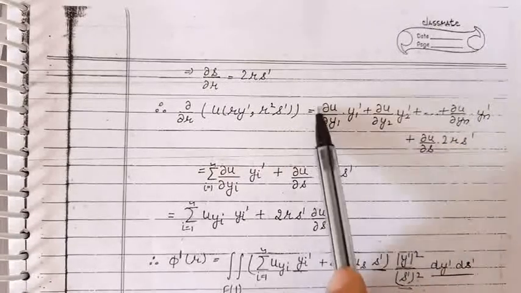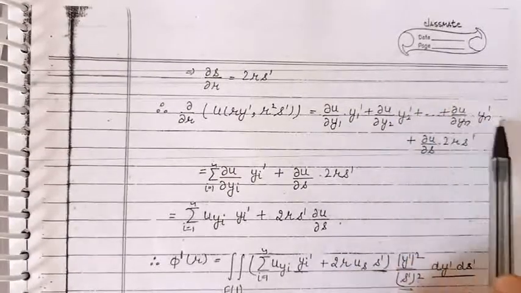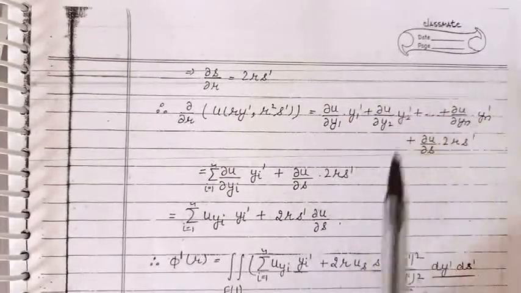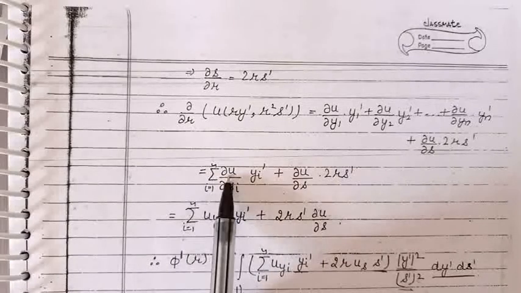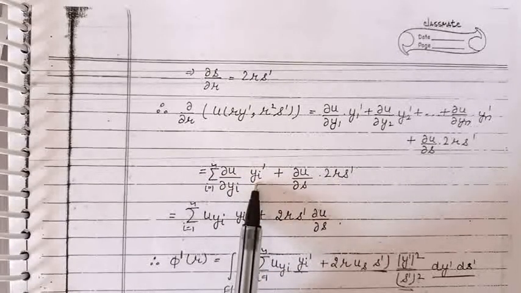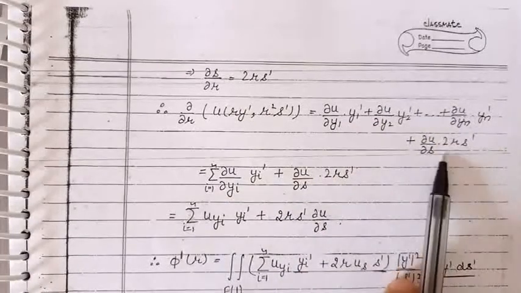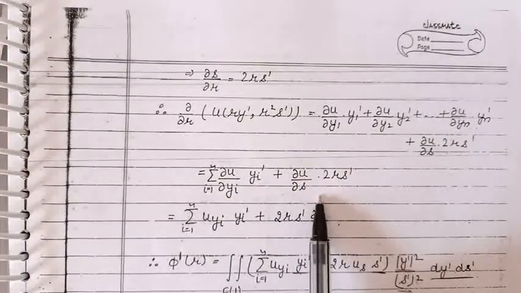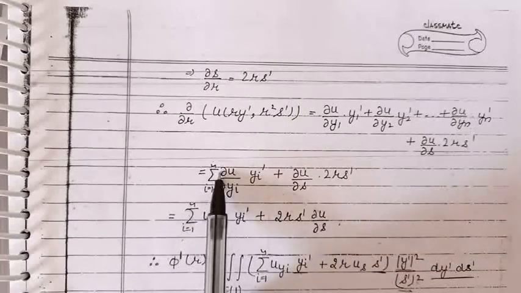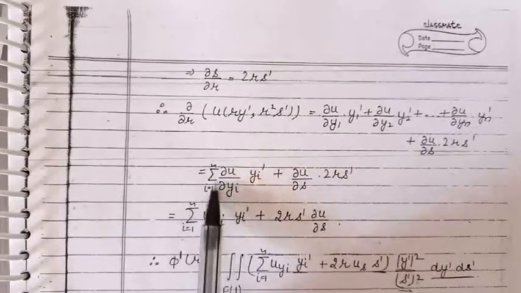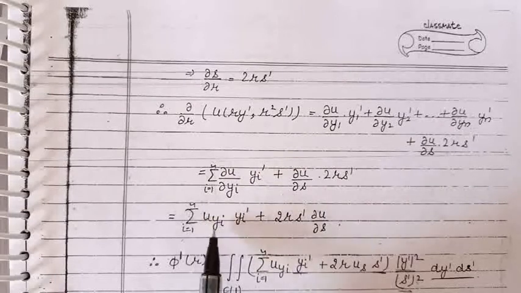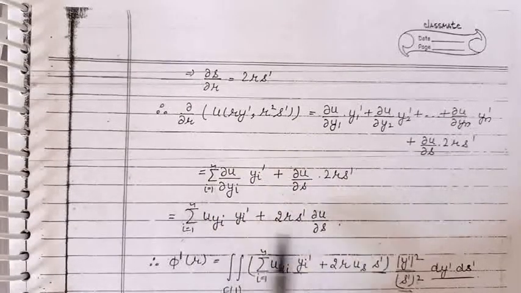Now we can write this expression in the form of summation. This can be written as summation of ∂u/∂yi into yi dash, where i varies from 1 to n, and this term we have taken as it is. According to the notations of derivatives, this can be written as u with suffix yi, and these terms as it is.